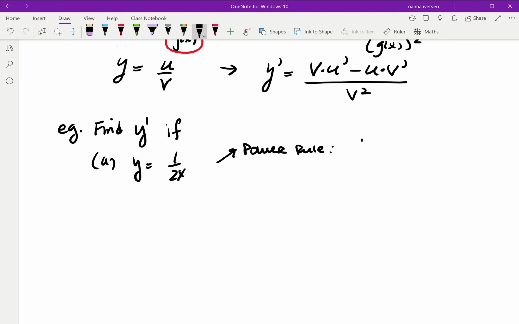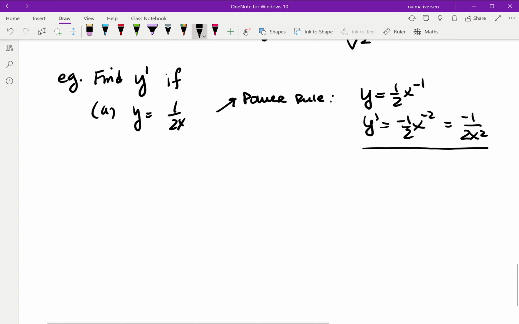And the power rule, you'd have to rewrite y as 1/2 x to the negative 1. And then you can bring the power down, reduce the power by 1, and you would end up with negative 1/2 x to the negative 2, or negative 1 over 2x squared. That's going to be what your derivative is going to be.